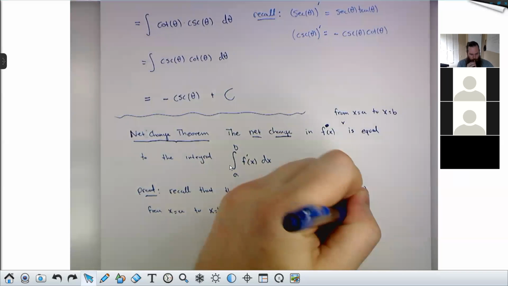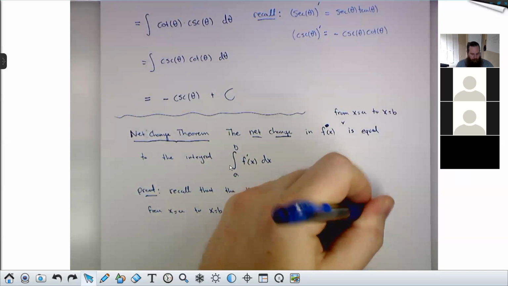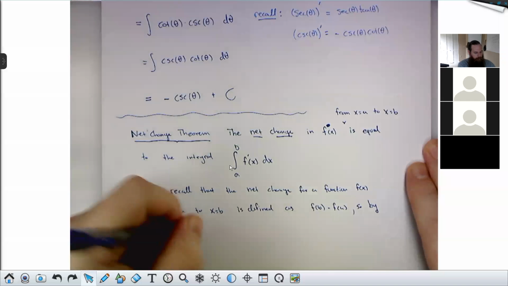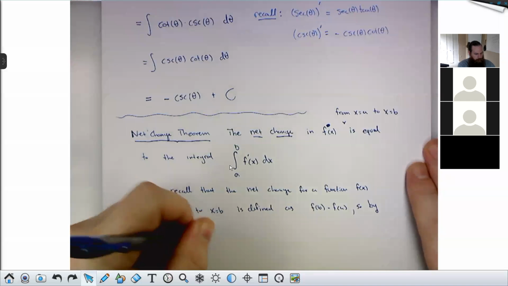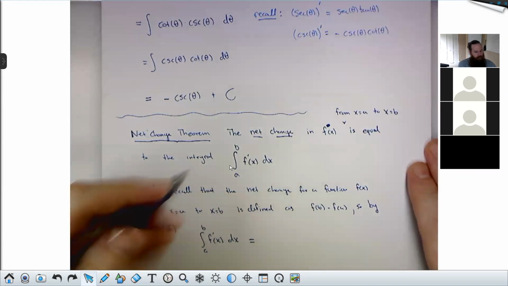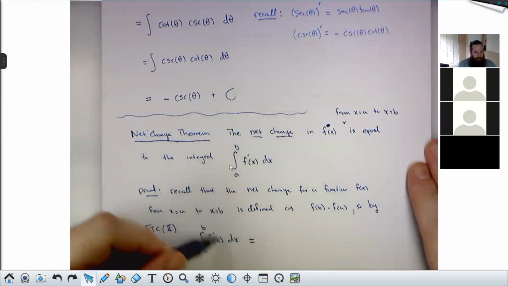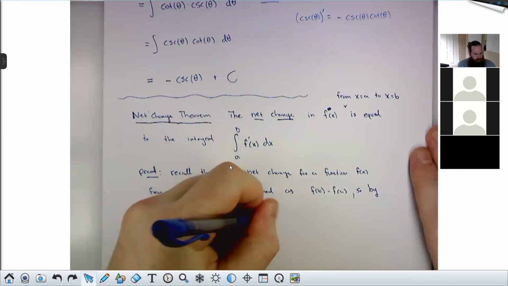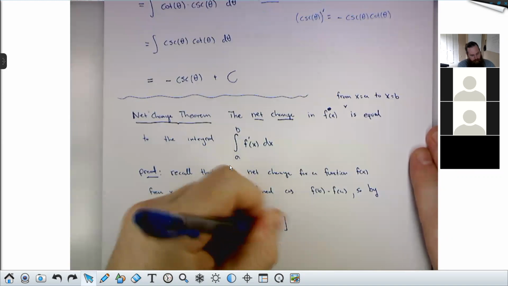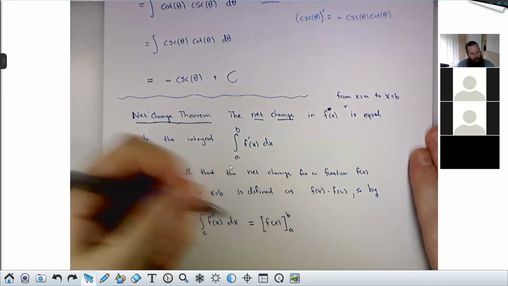So by FTC2, the integral from a to b of f prime of x dx, an antiderivative for f prime is just regular old f. And we need to evaluate that from a to b.